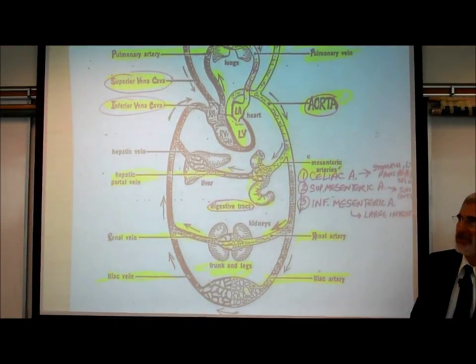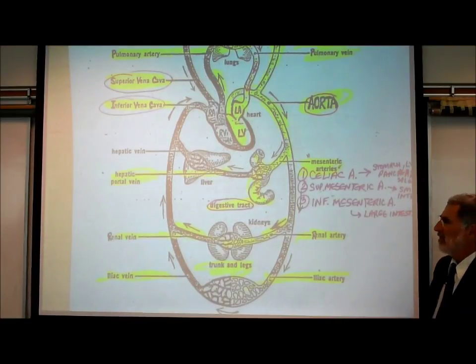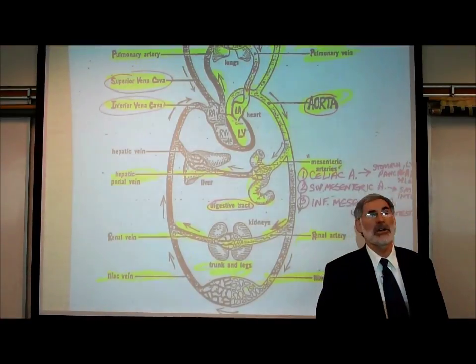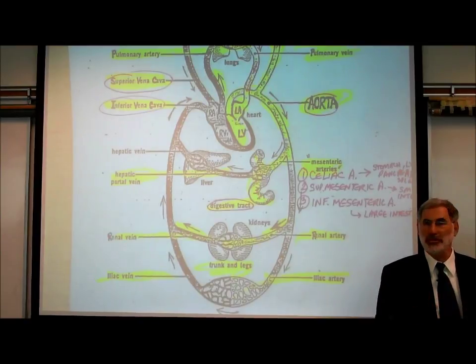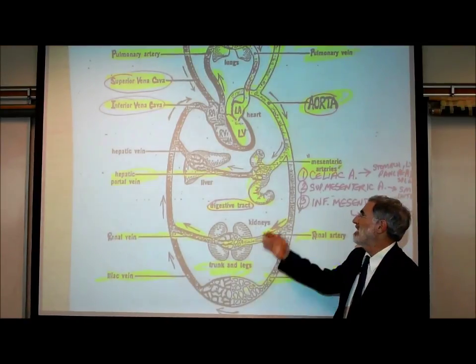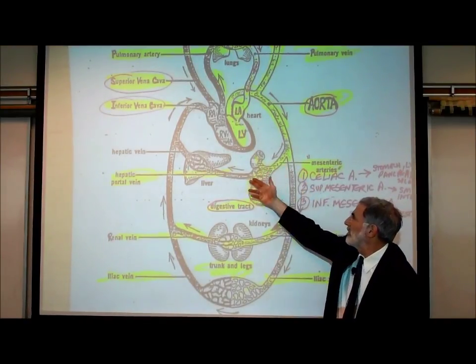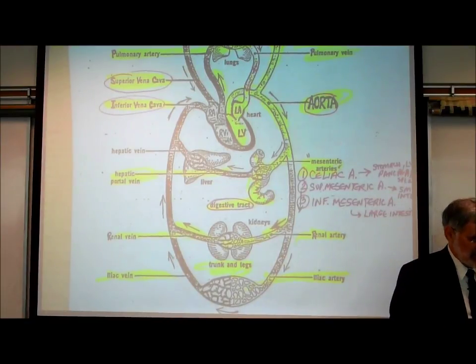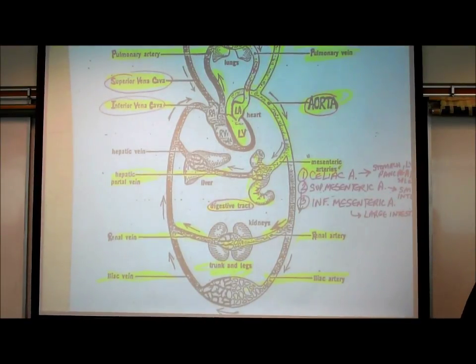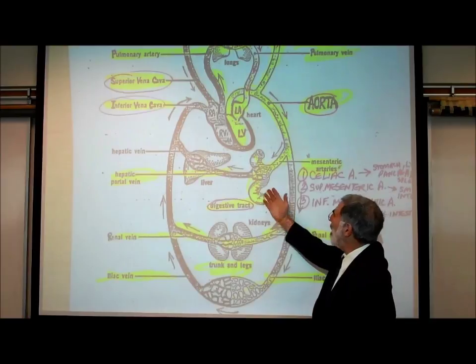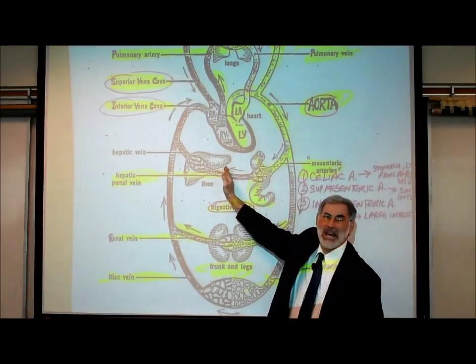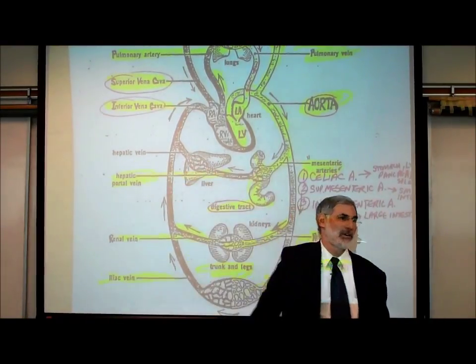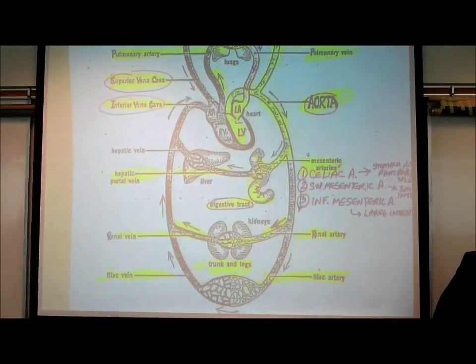If I were to ask you, which blood vessel is higher in vitamins and minerals and sugars and amino acids, the mesenteric artery or the hepatic portal vein? The hepatic portal vein. All these nutrients that are absorbed from the digestive tract are going right to the liver. It's really high in nutrients.